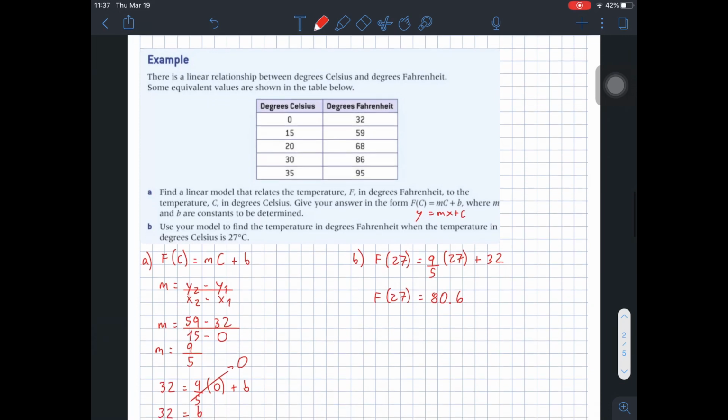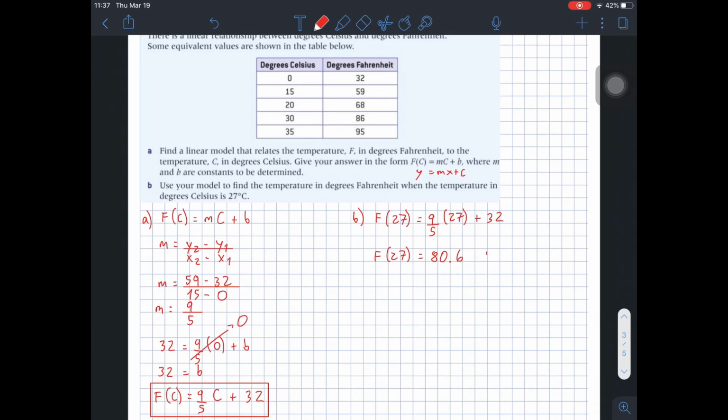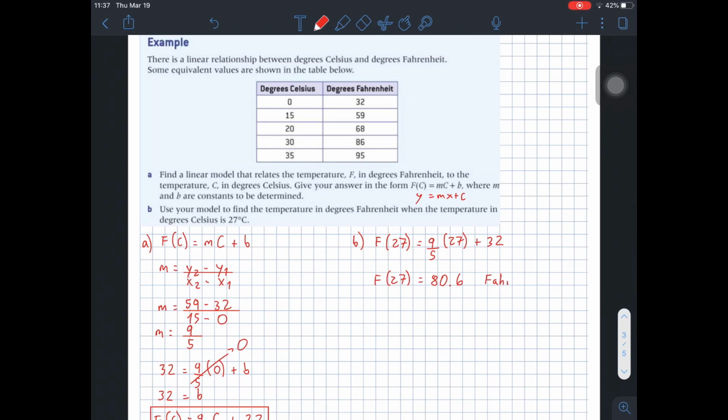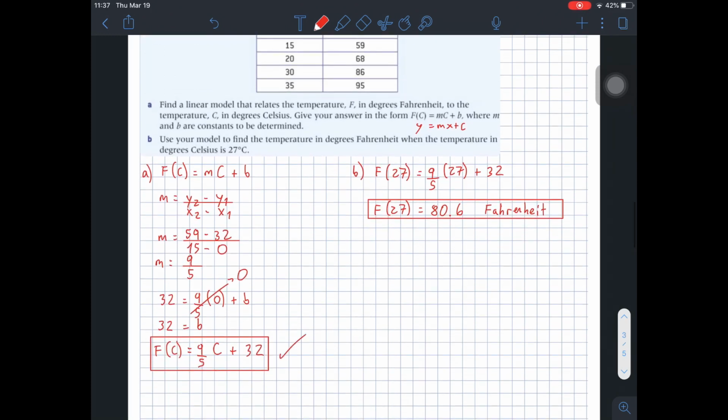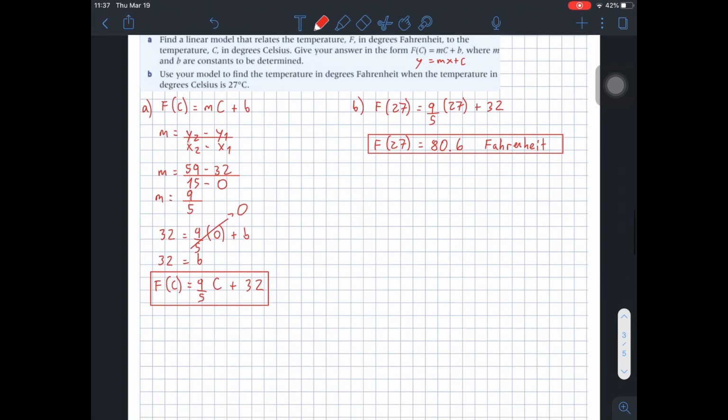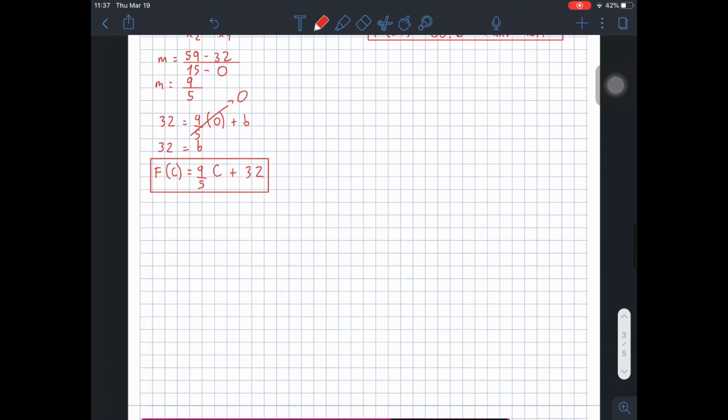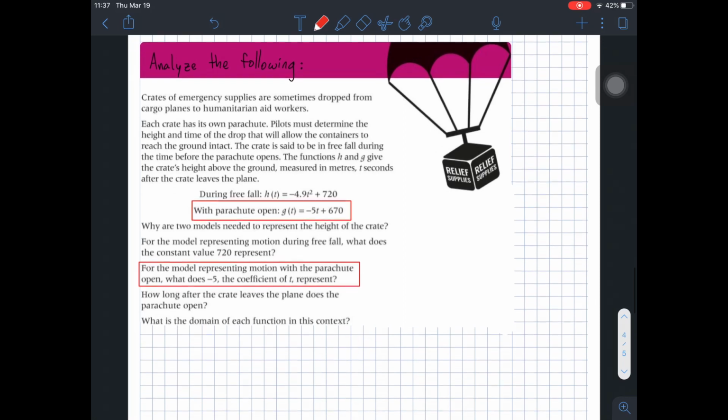We're just gonna write Fahrenheit. So 27 degrees Celsius is the same as saying 80.6 Fahrenheit. This is a real example, people. So this is the equation to convert degrees Celsius to degrees Fahrenheit, if you want to use it for any other application. Okay, finally, we're going to go back to this problem.